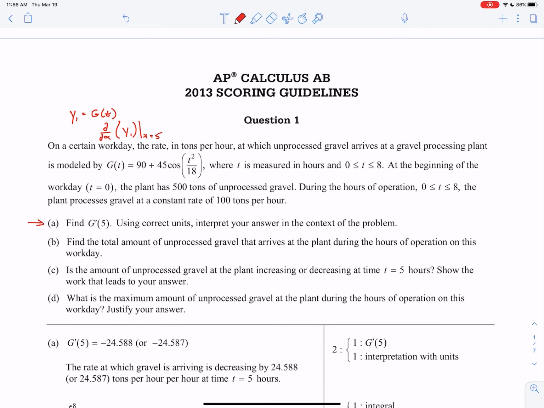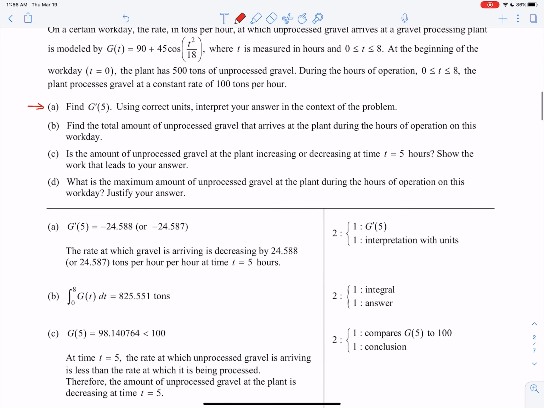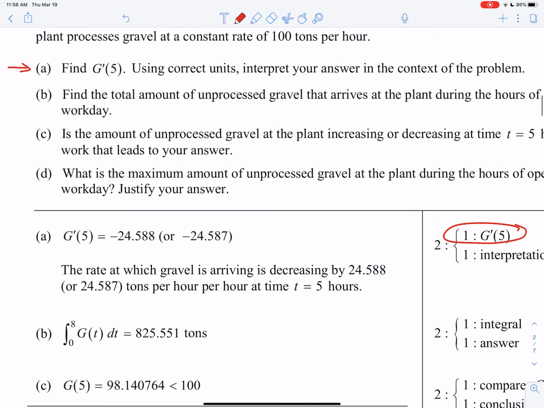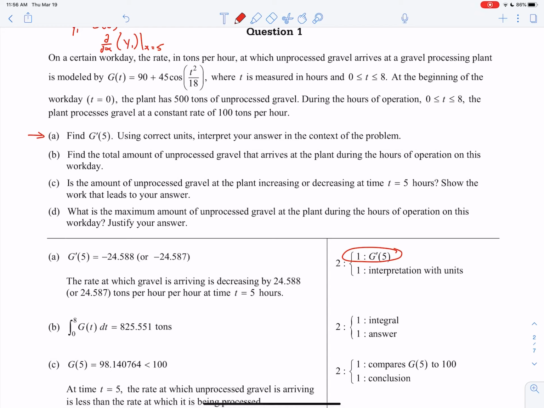This is a quick plug and chug, okay? So if you notice in the scoring guidelines, you get 1 easy point just for the plug and chug, okay? So you should get negative 24.588 or 587 if you truncate.